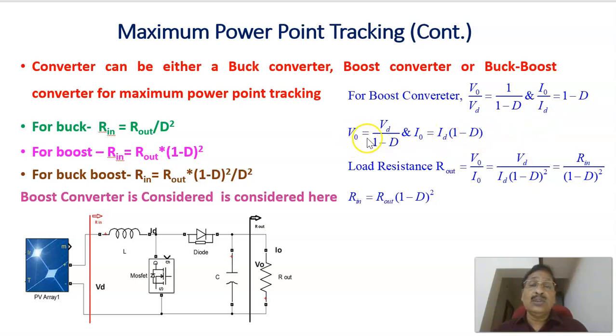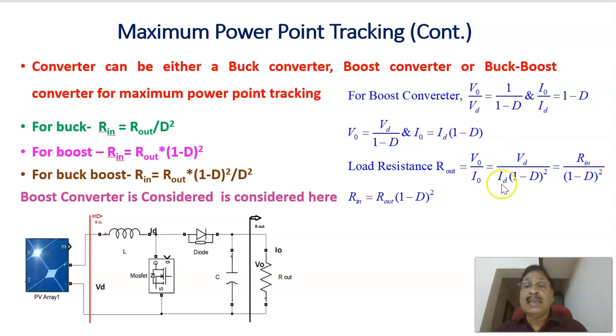Or if you take this ratio V0 by I0, which is nothing but R0, that R0 is given by V0 divided by I0, which is equal to, taking this ratio, VD divided by ID into (1 minus D) whole square from these two equations.